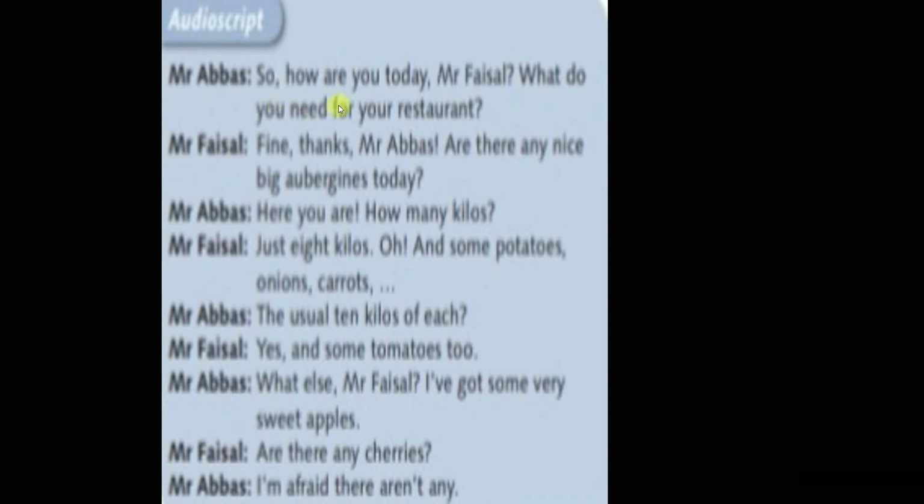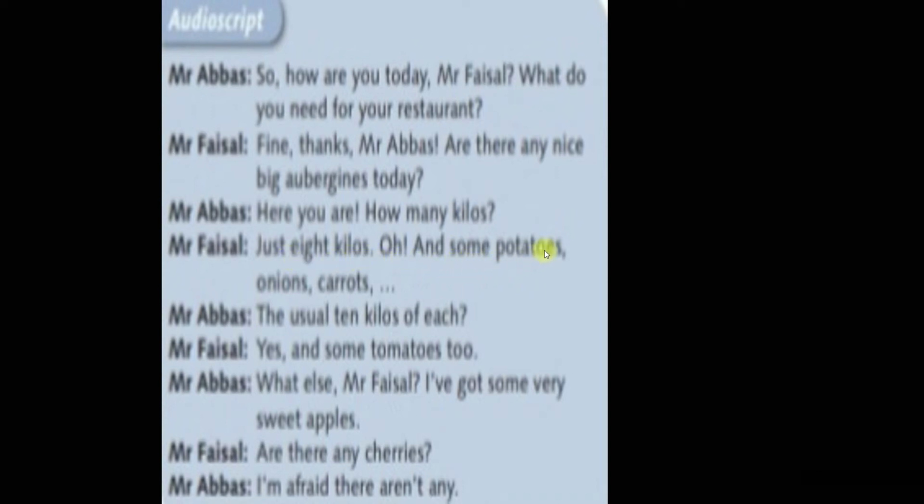Mr. Abbas: So how are you today, Mr. Faisal? What do you need for your restaurant? Mr. Faisal: Fine, thank you. Thanks, Mr. Abbas. Are there any nice big aubergines today? Mr. Abbas: Here you are. How many kilos? Mr. Faisal: Just 8 kilos.